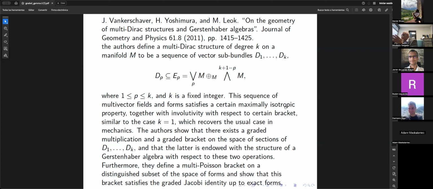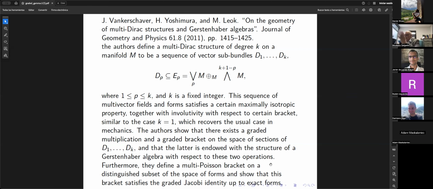We don't use these names. We use the Skinner and Rusk formalism, because Skinner and Rusk developed a formalism for mechanics in this context of Tn plus T star n. But anyway, this was just the idea of Vankesever and collaborators, just to have an extension of this Pontryagin bundle to higher order.